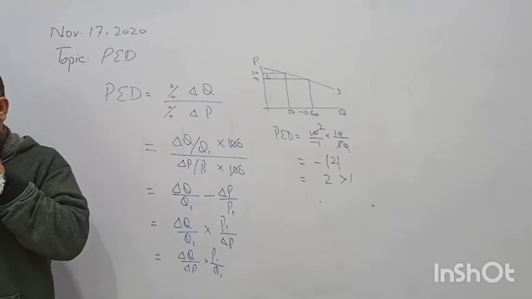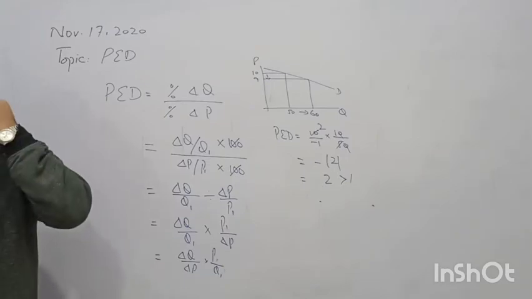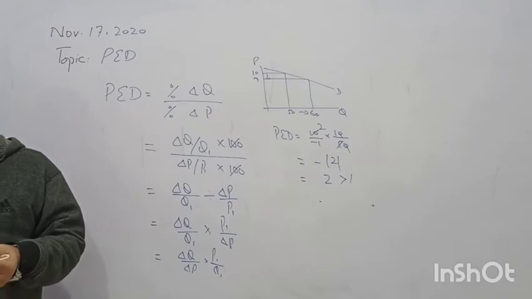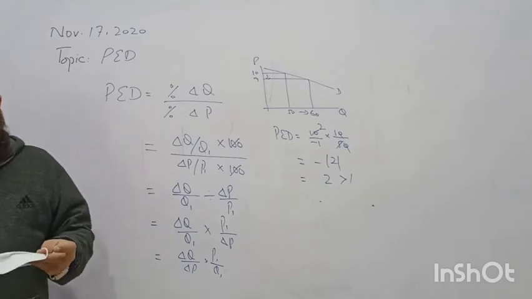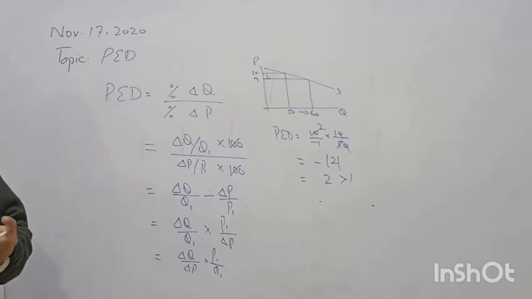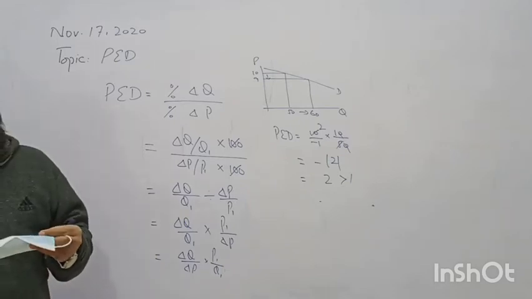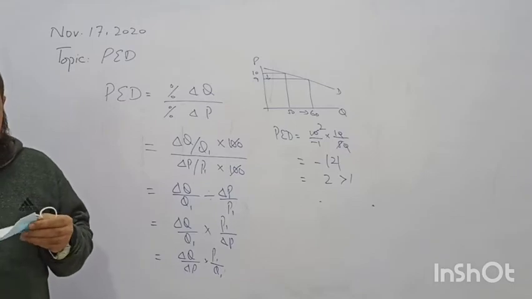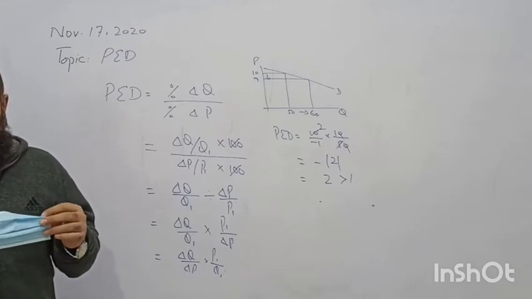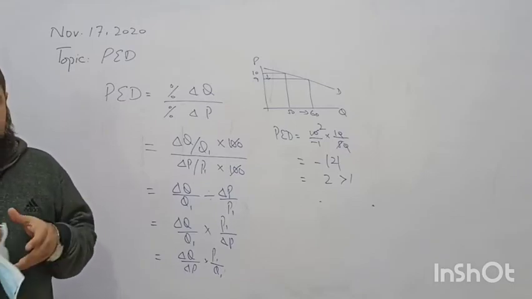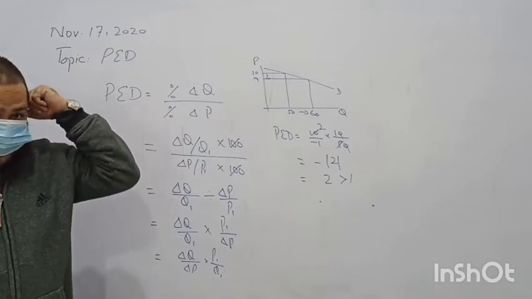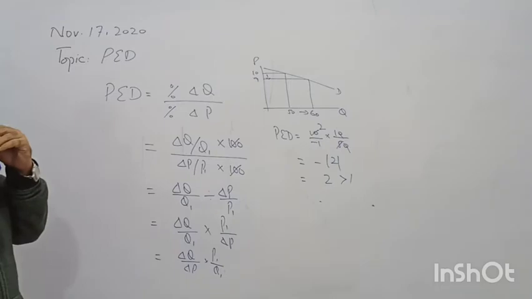It shows that when price changes by 1%, quantity demanded will respond by more than 1%. So this is called the price elasticity of demand.